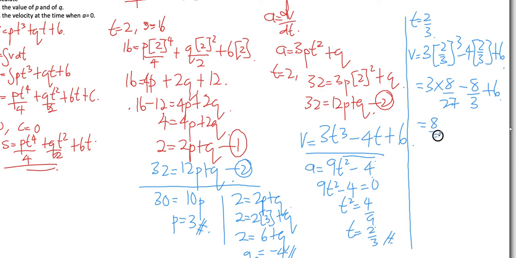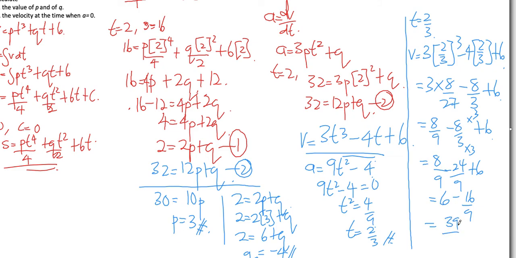That gives 8 over 9 minus 24 over 9 plus 6, and the answer is 38 over 9 cm per second.